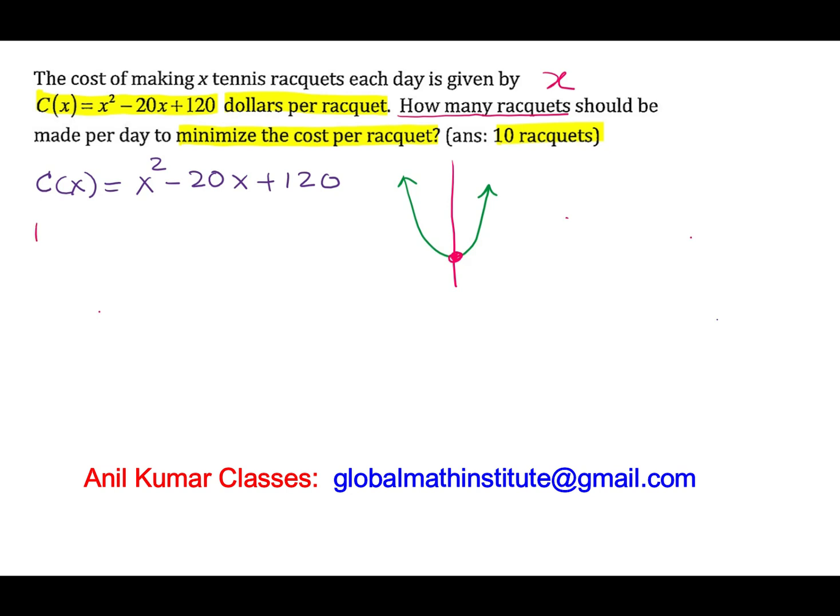So here is your reference. Normally, you have learned that the equation of a parabola, which is a quadratic function, is given as y equals ax square plus bx plus c. This is the axis of symmetry.